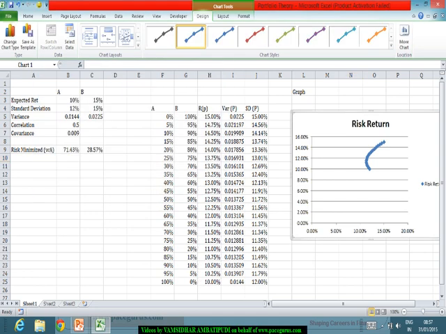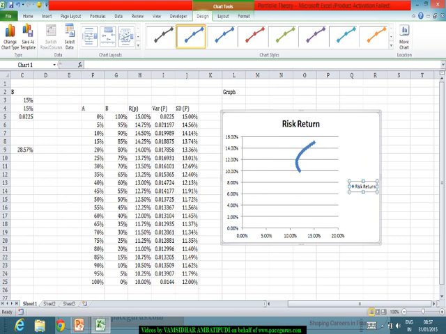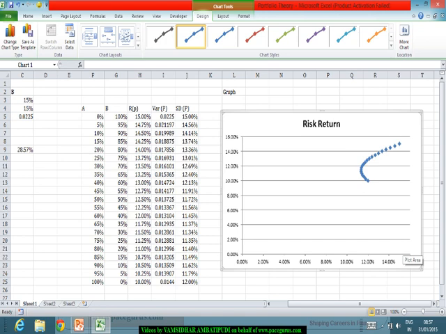This is a curve that is coming out, which is a pointer of the risk return relationship that is existing between the securities A and B. If I am taking the standard deviation on the x-axis and expected returns on the y-axis, the typical graph that is coming is more like a parabola, a kind of hyperbolic or parabolic shape.